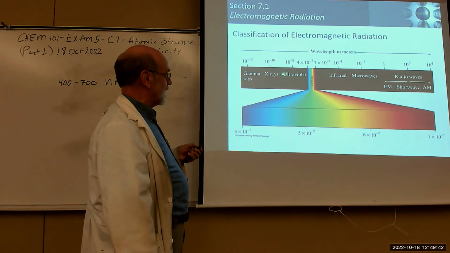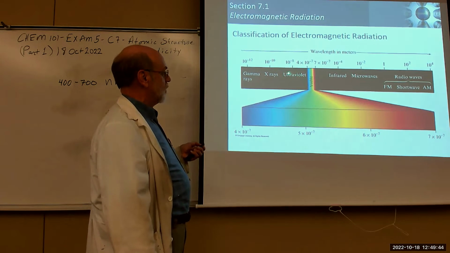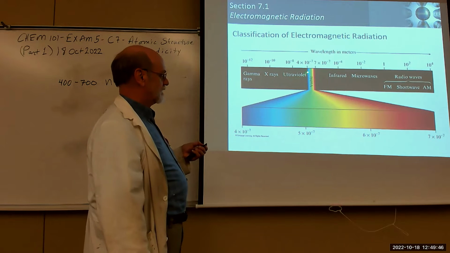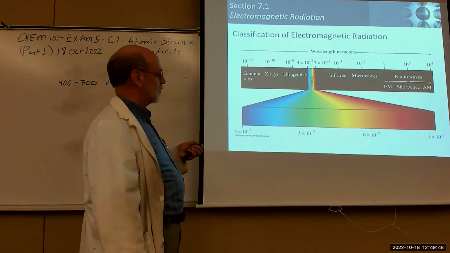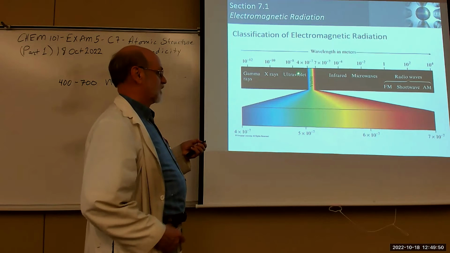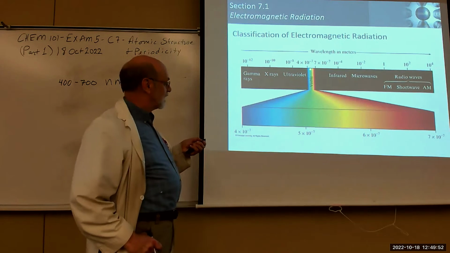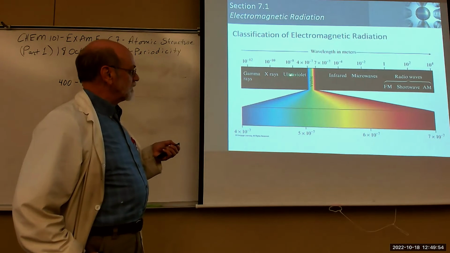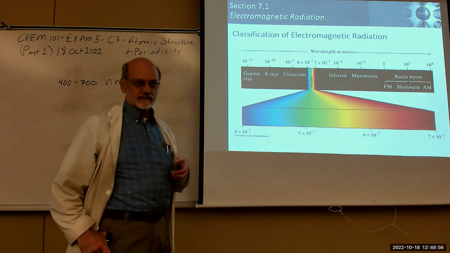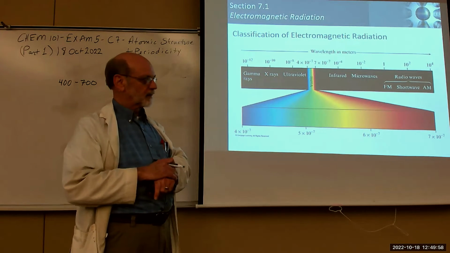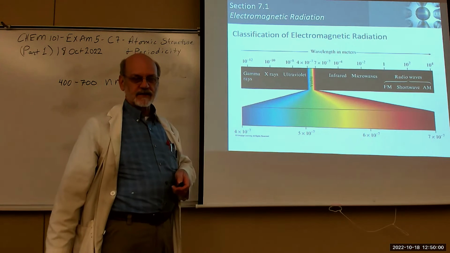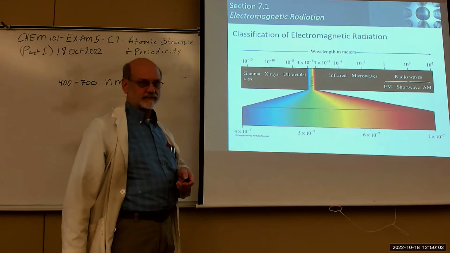The ultraviolet side is higher energy or shorter wavelength than the violet end, so ultraviolet is an appropriate name. And certain wavelengths of ultraviolet can do damage. They can damage your skin. That's what a tan is. It's your skin's response to damage.